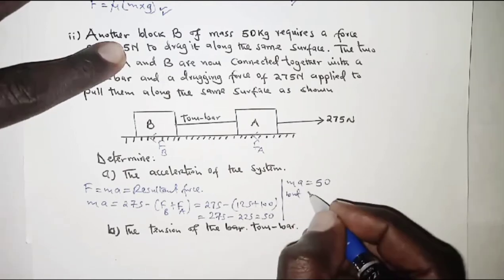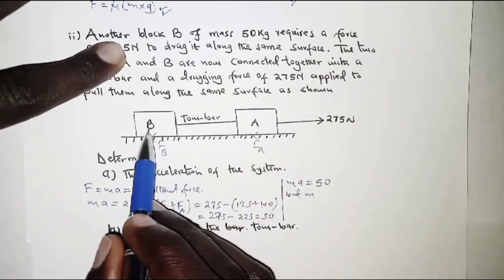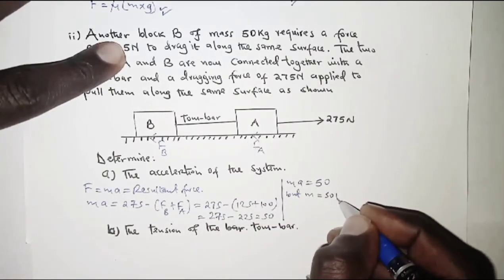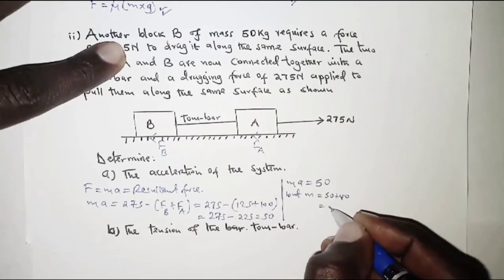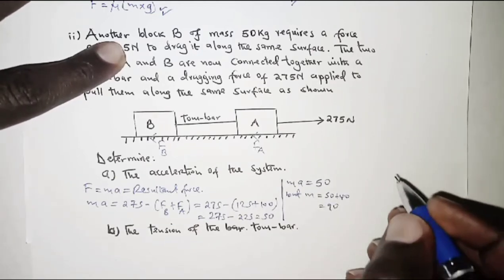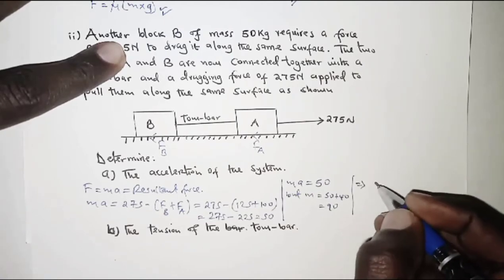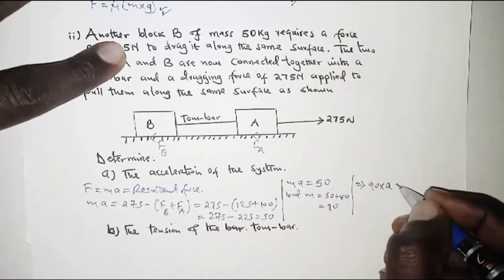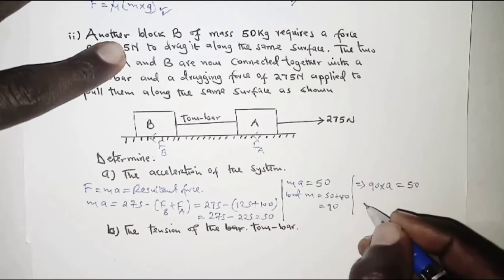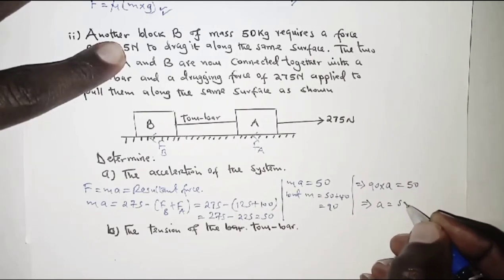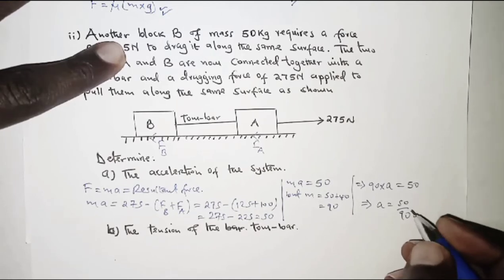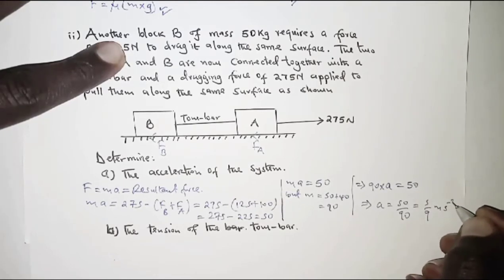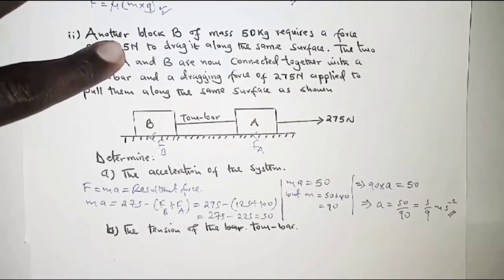But the mass is mass of B plus mass of A, and that is 50 plus 40, which is 90. So 90 times acceleration, substituting here, should be equivalent to 50. So a is equal to 50 over 90, and that finally is 5 over 9 meters per square second. So that is the acceleration of the system.